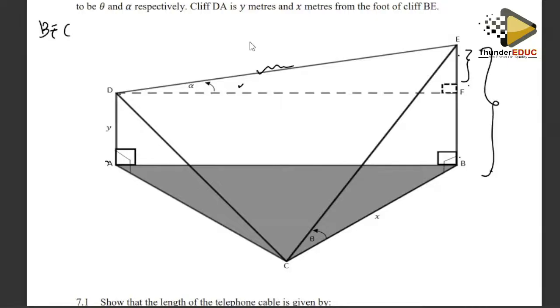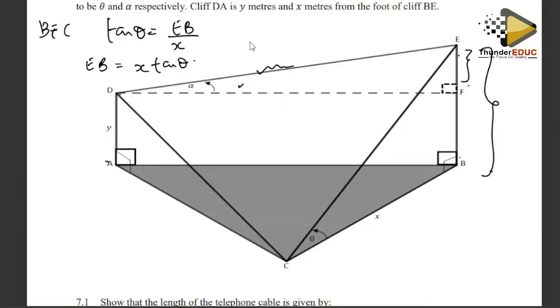So he's saying that the tan of theta is the opposite, which is EB over the X, meaning that EB is X tan of theta.